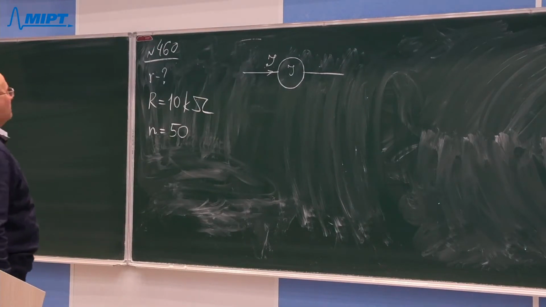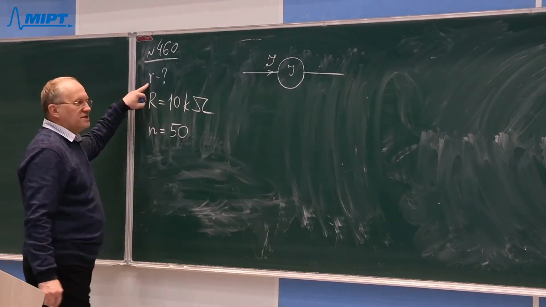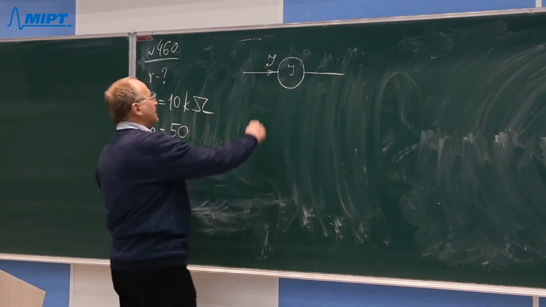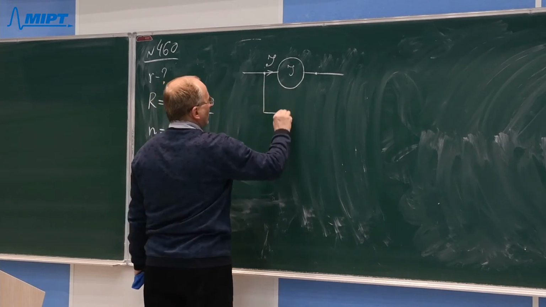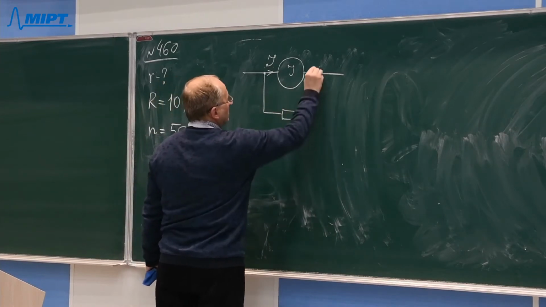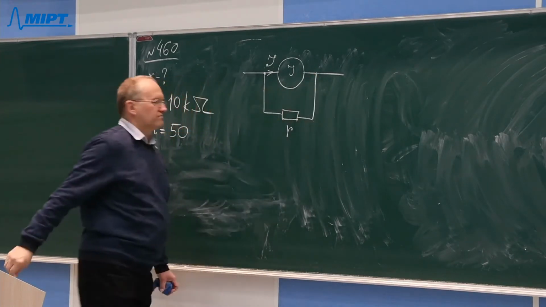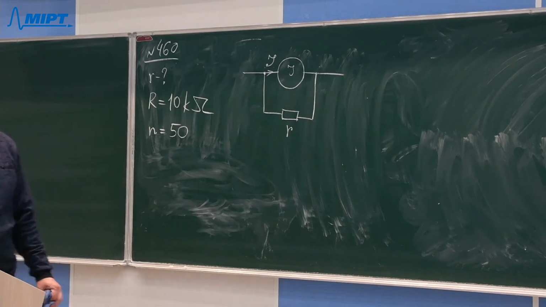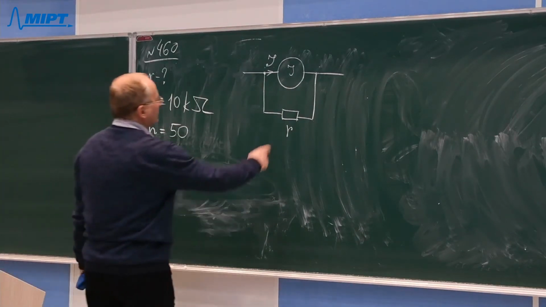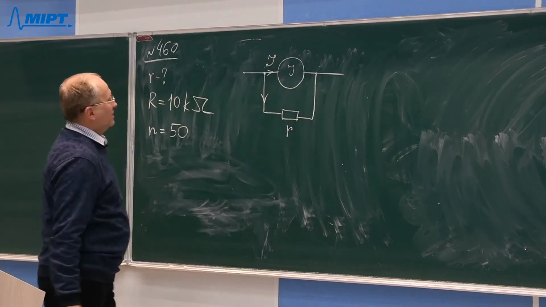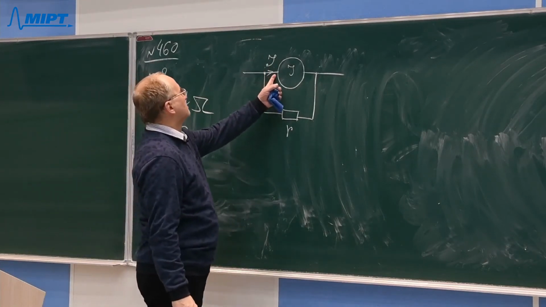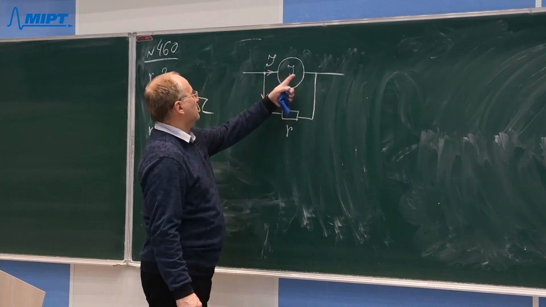So we have to shunt this galvanometer. What does it mean to shunt? It means to connect another resistance in parallel to this galvanometer, so that this additional resistance will take some current and therefore reduce the current that goes through the galvanometer.